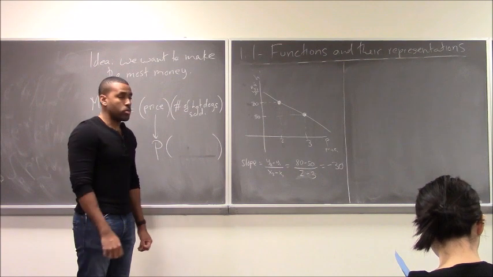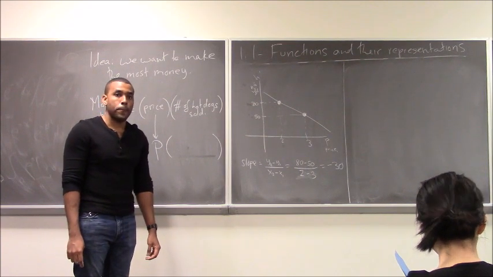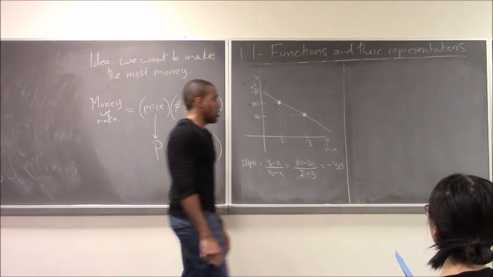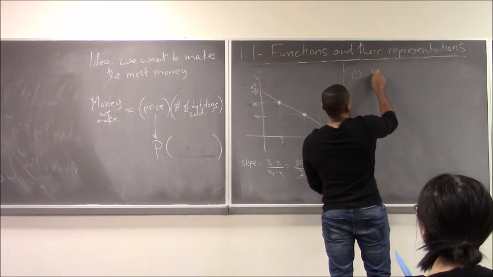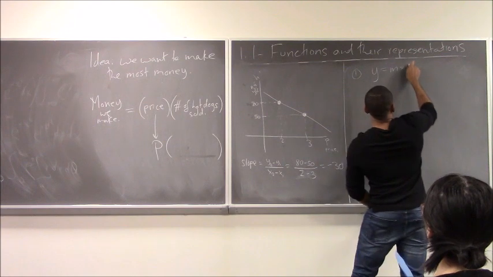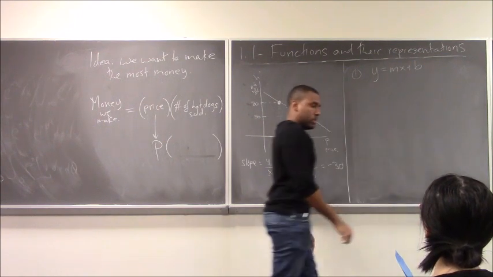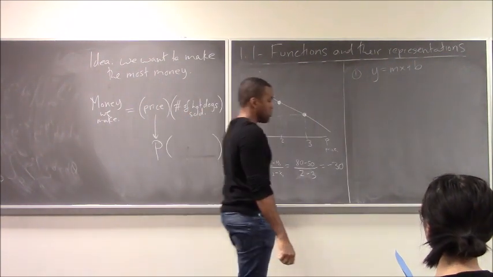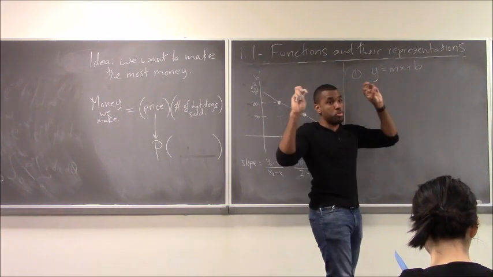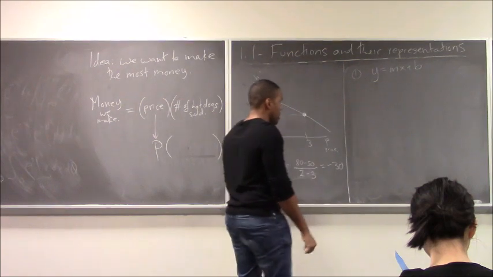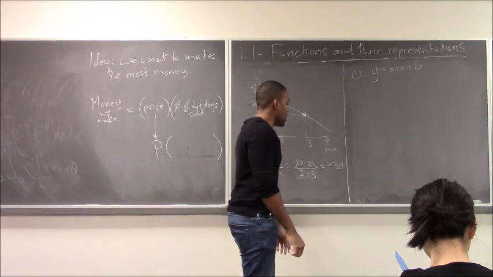Okay, which formula are you thinking? y equals mx plus b. Okay, so there are 2 ways you can do this. So let's do one, which is to use the y equals mx plus b formula. Of course, here my y is h and my x is p, but it doesn't matter.